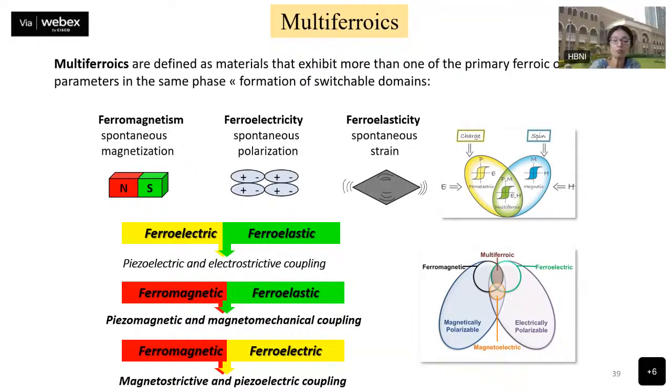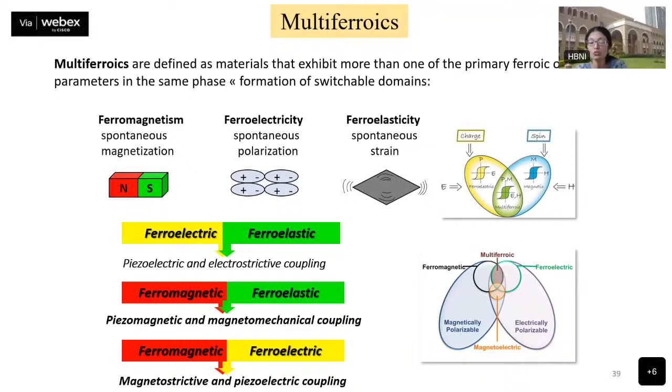So you have ferromagnetism, ferroelectricity, and also ferroelasticity, which is nothing but spontaneous strain. If you have ferroelectric combined with ferroelastic, you have a piezoelectric and electrostatic coupling. If you have ferromagnetic with ferroelastic, you have piezomagnetic with magnetomechanical coupling. Whereas if you have ferromagnetic with ferroelectric material, you have magnetostrictive and piezoelectric coupling.